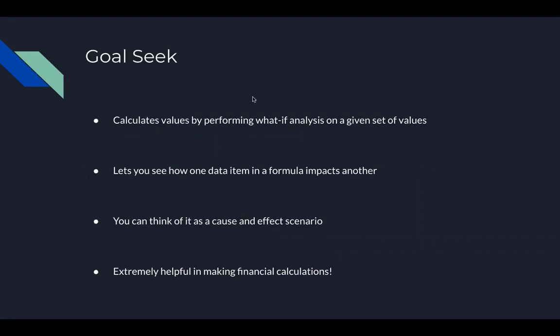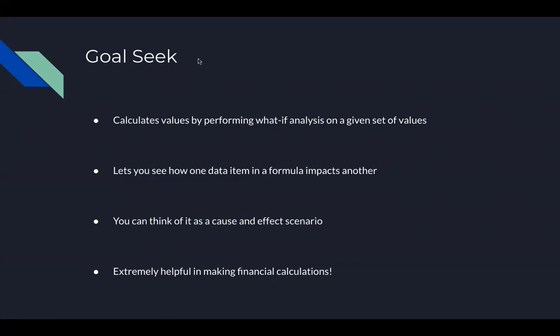So if you are watching this, hopefully this means you saw Crystal's introduction into Excel's what-if analysis and her demonstration of Scenario Manager. So now we are going into Goal Seek. Goal Seek is a tool that calculates values by performing what-if analysis on a given set of values.